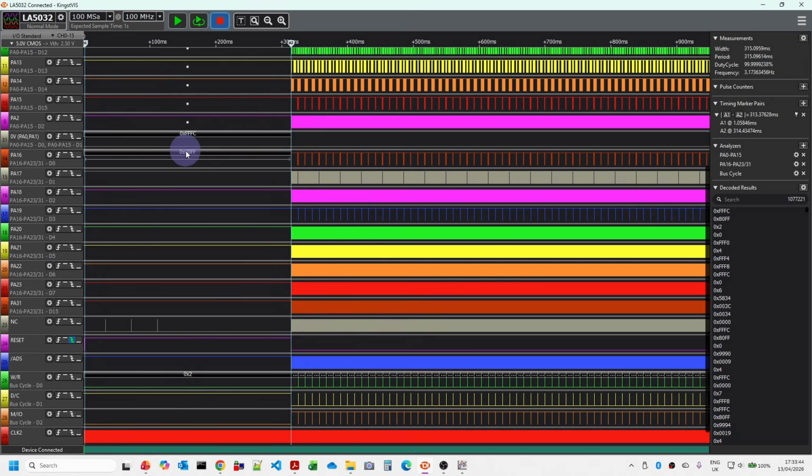But because we've only got the A31 and the other ones are all 0 that I showed you earlier, this would effectively be FFF. If we actually had all of the address lines connected up to here, we would see 4 Fs there. So it looks like the initial address is all 1s when it all starts up.